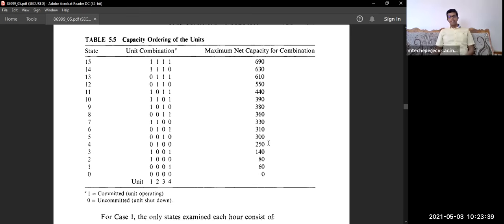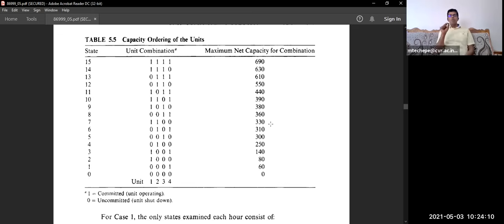If the demand is some 220 or 230 megawatt, they will go for a combination generating 250 megawatt, like that. In this hour, like the fifth hour, the third unit alone is on, so 300 megawatt. Whatever combination we are giving, the amount of generation will also vary. It depends on the demand.